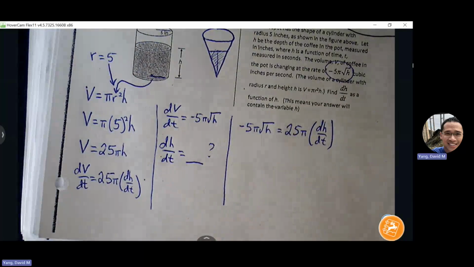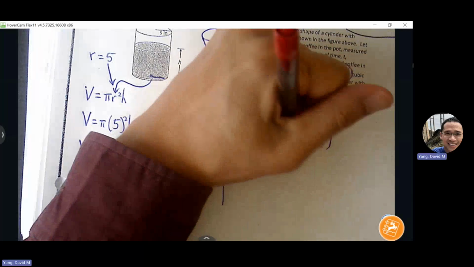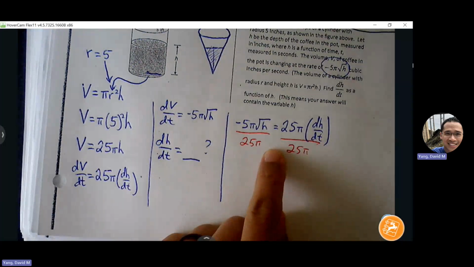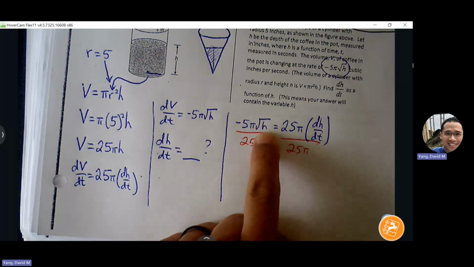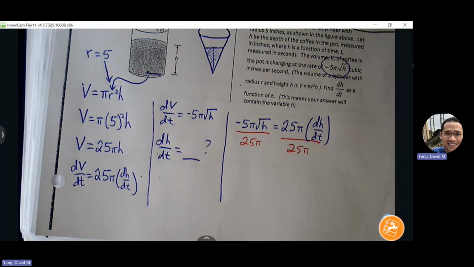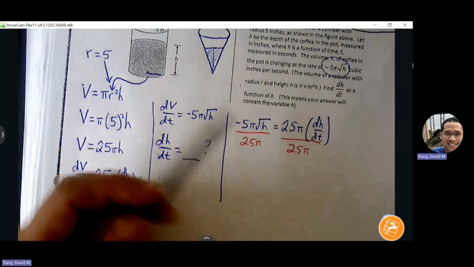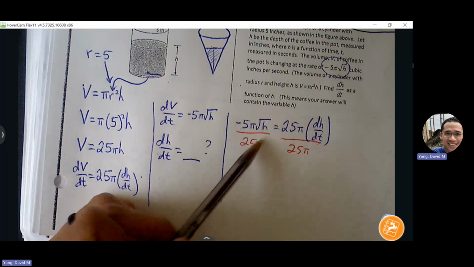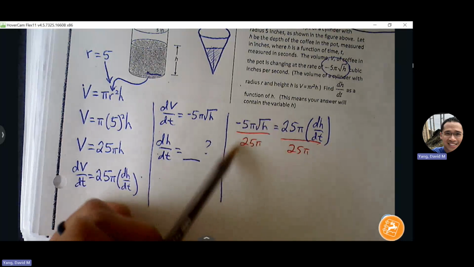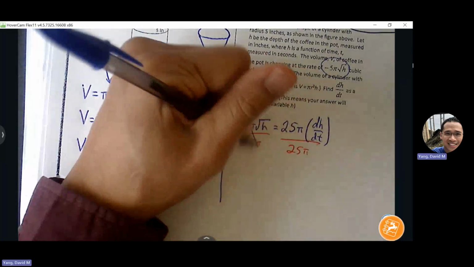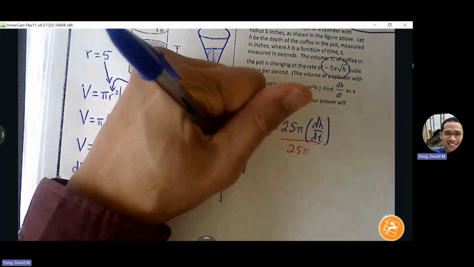I want to solve for dH dt, so what can I do? We don't have to find the derivative of this, we just leave our answer, but it's not wrong if you put it to the 1/2. What can I do to reduce this? The pi cancels out, negative 1/5, and the root H stays up here.